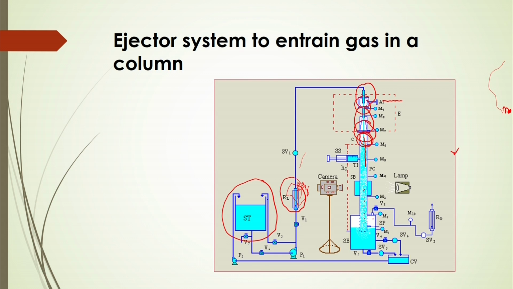In this case the contactor will be extended in the separator up to a certain length, so that a liquid pool forms above this contactor, so that pressure will be generated inside the separator, and due to that pressure generation this liquid will go up into the column.